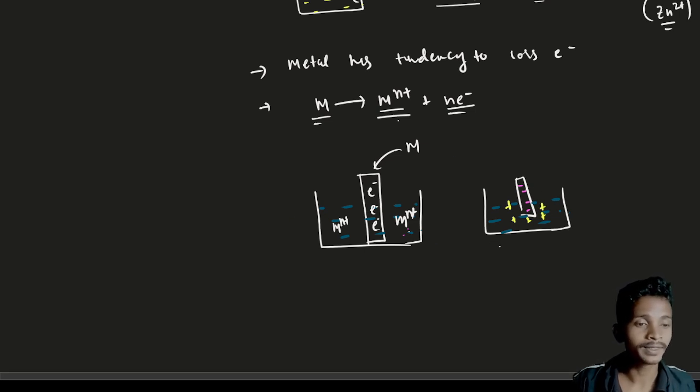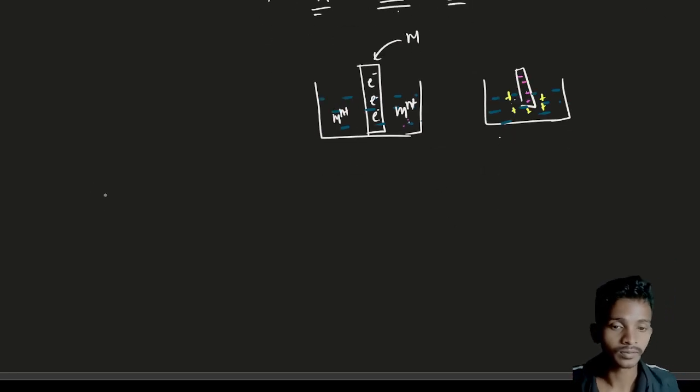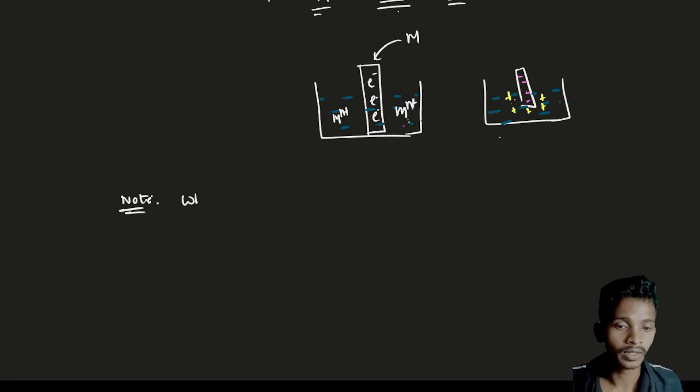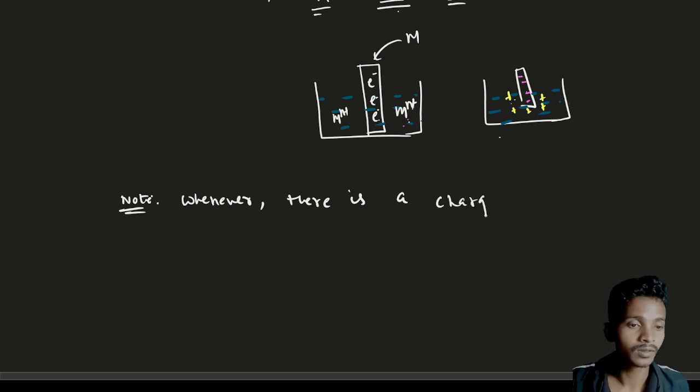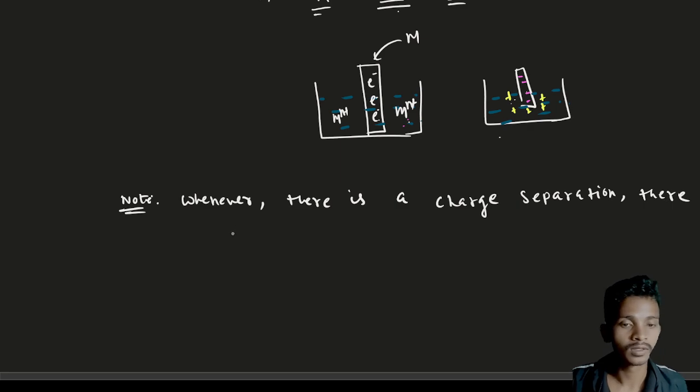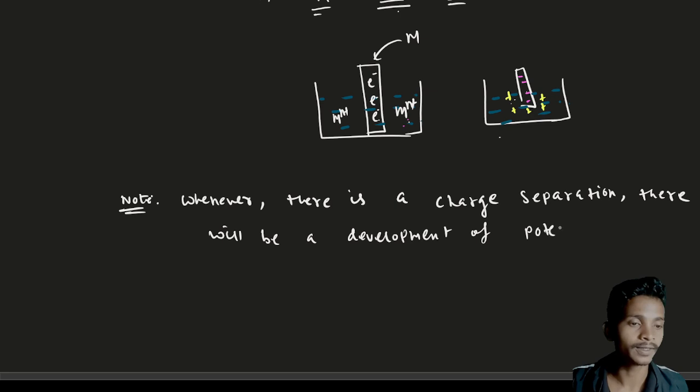And what is happening here is that one side is negatively charged and the other side is positively charged, meaning the negative charge is surrounded by positive charge, so a potential difference has developed in between. Whenever there is a charge separation, there will be a development of potential difference.